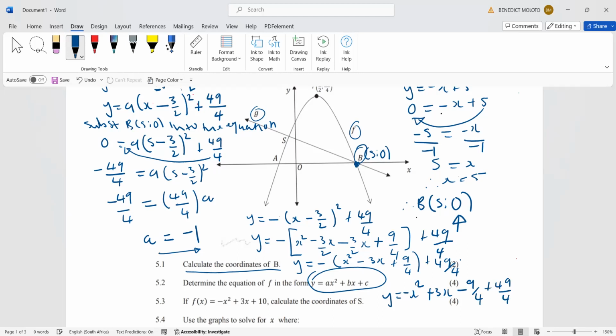Then y equals negative x squared plus 3x. Let's check that.